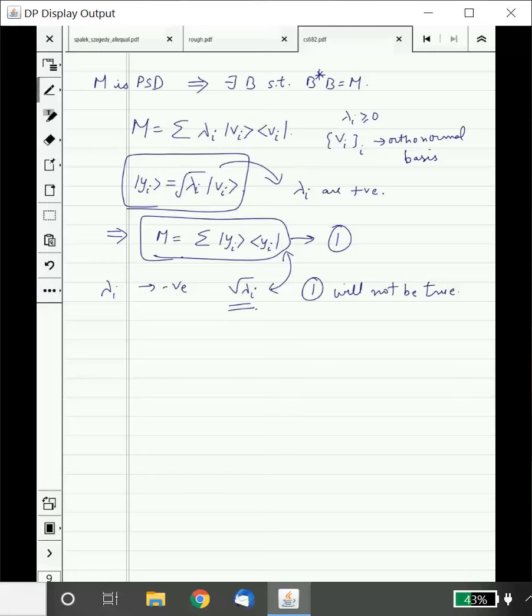Once we have this form, it is easy to construct B, or the square root of M. We will put Yi's as the columns of this matrix.